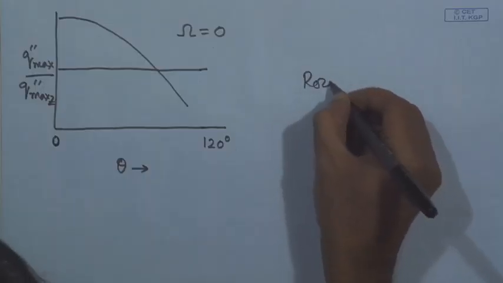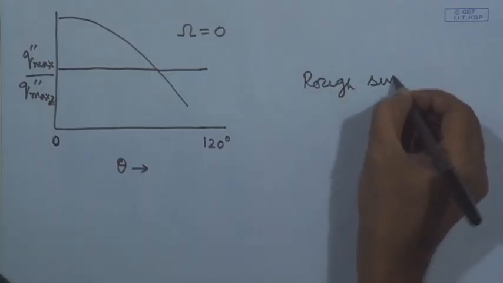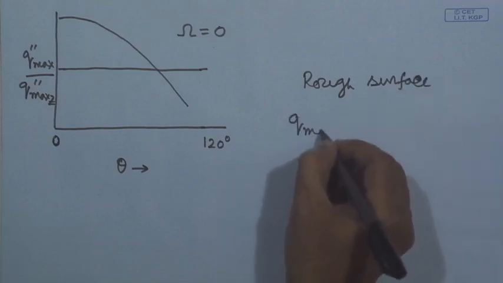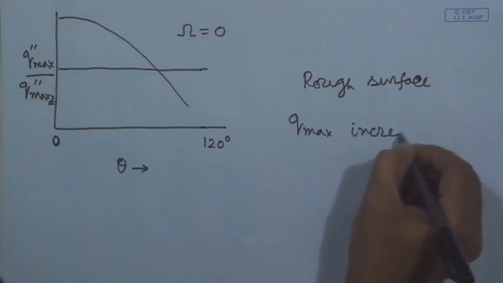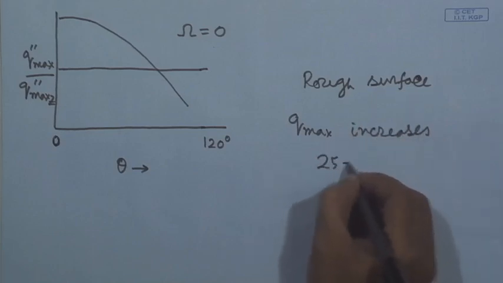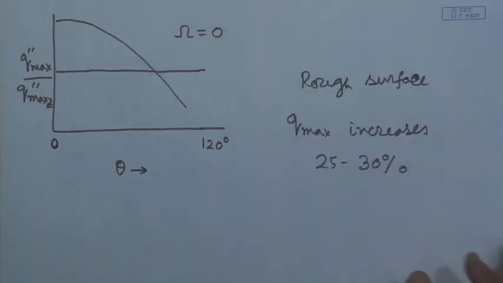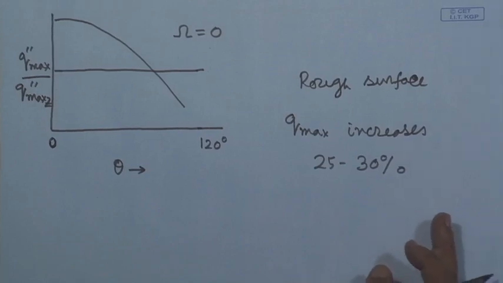It has been observed that if we go for the theory which fits well the boiling data from a smooth surface, and then go for a rough surface, then q max increases 25 to 30%. So, this is also observed. So, one has to be careful while applying the result which has been given by the hydrodynamic theory.